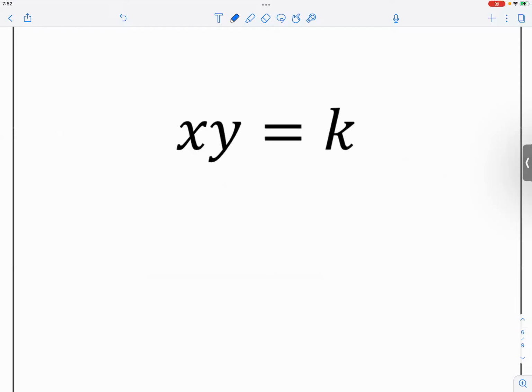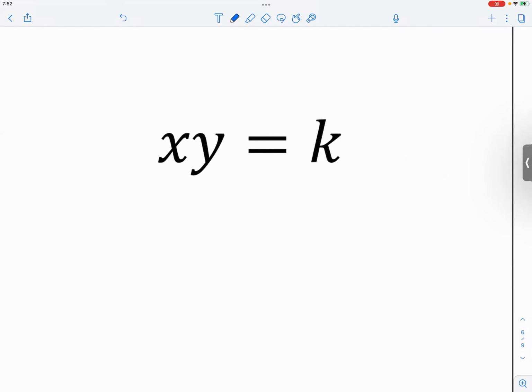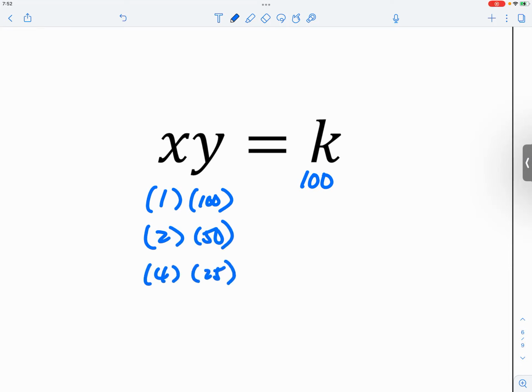But if you think about this, if you say k is a number, say 100. Okay, well, what times what is 100? We can think about 1 times 100 is 100, right? 2 times 50 is 100. And then 4 times 25 is 100. And 5 times 20 is 100. And what you can see is that as x increases, the y decreases.